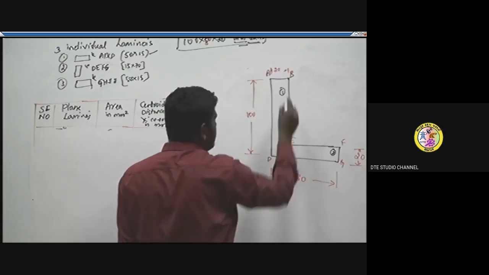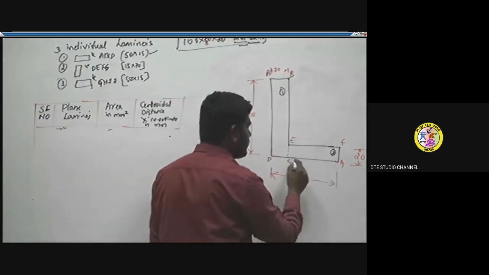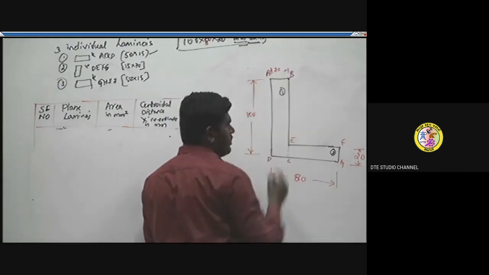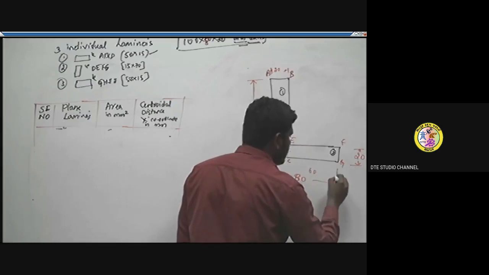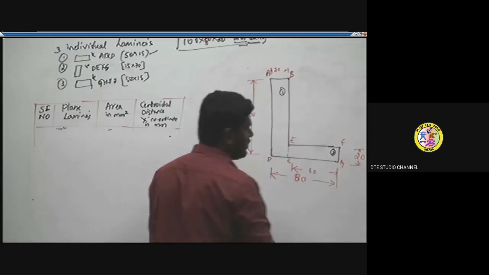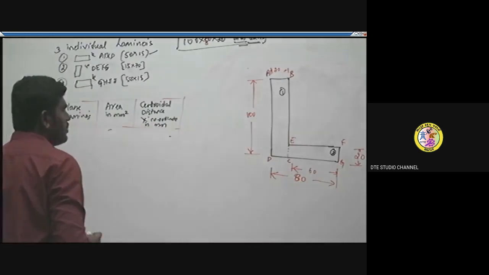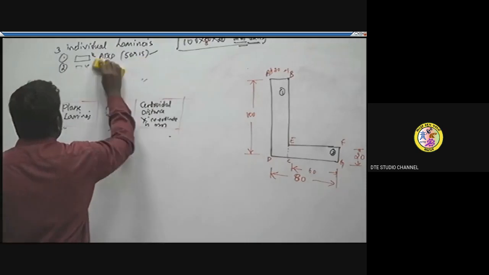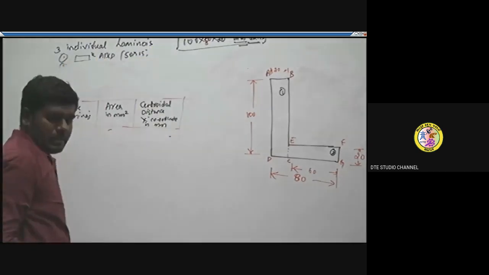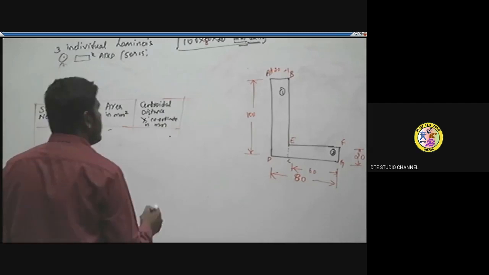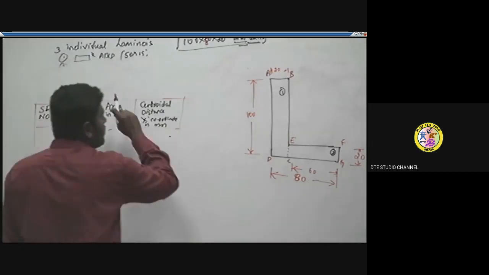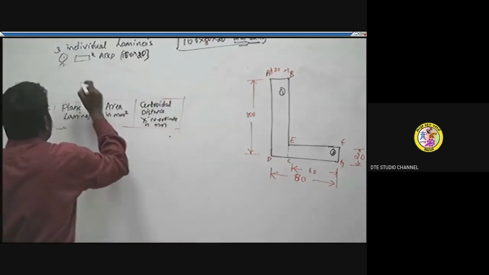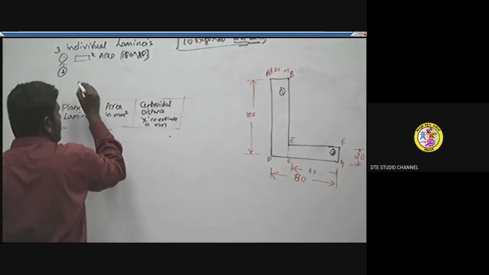The other rectangle starts from here, C, E, F, G. That is 80 minus this 20, which gives the length for this second rectangle, 80 minus 20 is 60. So the given L section lamina is divided into two parts: rectangle ABCD, that is 100 into 20, and the second rectangle CEFG.